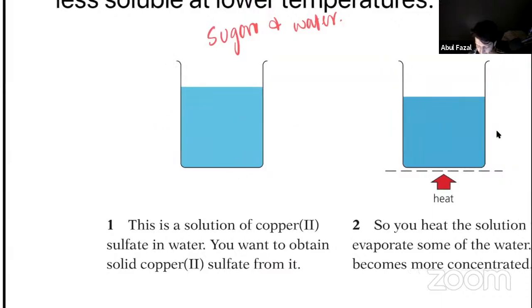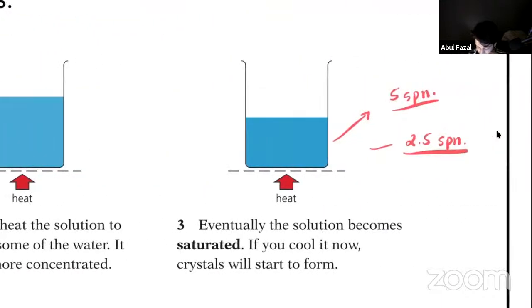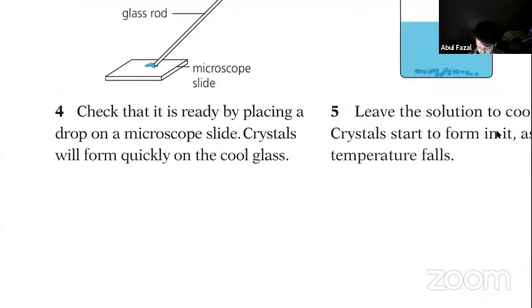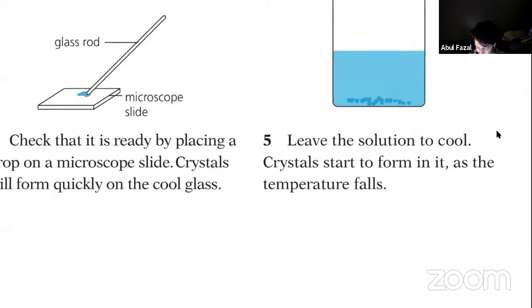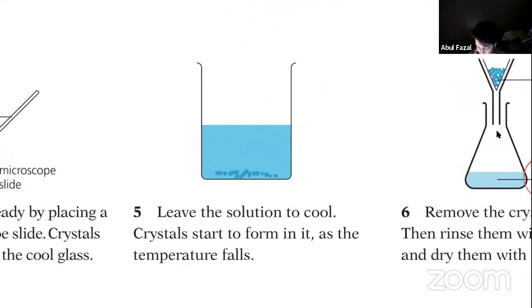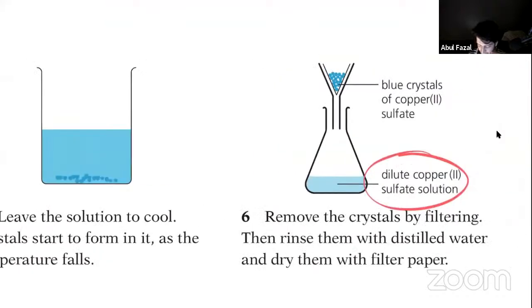So what ends up happening is that the substance starts turning into crystals, because it starts coming out of the liquid. These copper sulfate crystals, we filter them out to separate them. So it's one of our separation techniques.